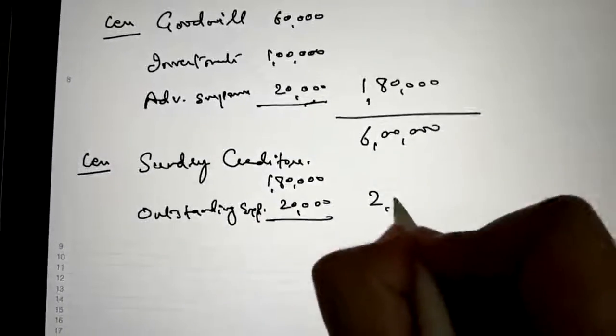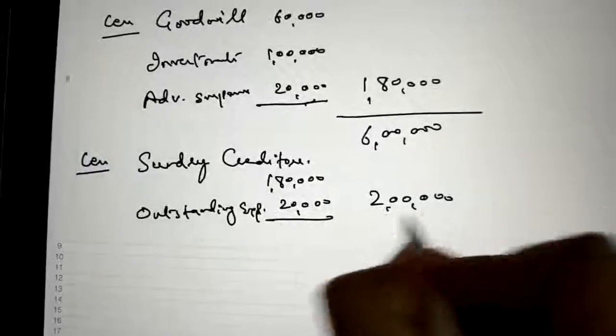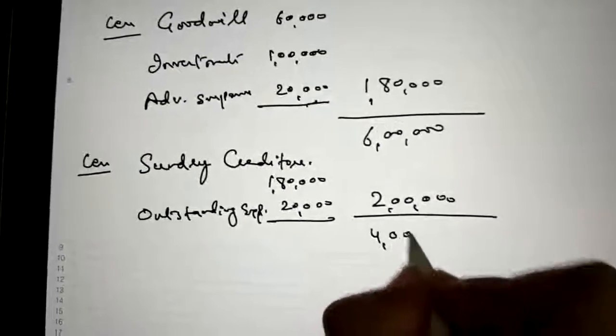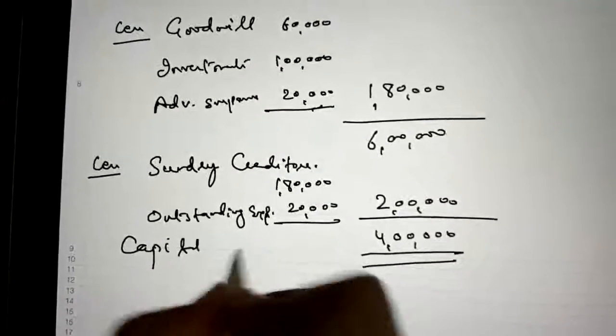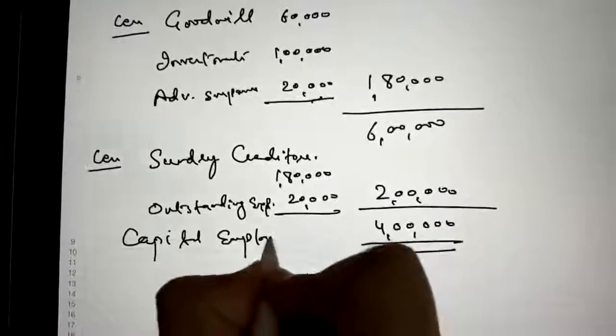So total is 2 lakh, and after deducting it, the capital employed comes 4 lakh. So here the capital employed is 4 lakh.